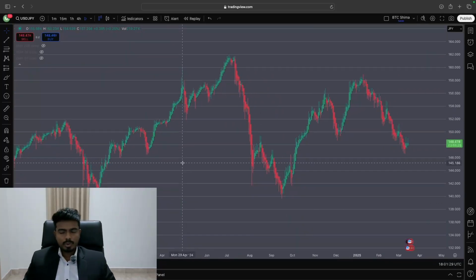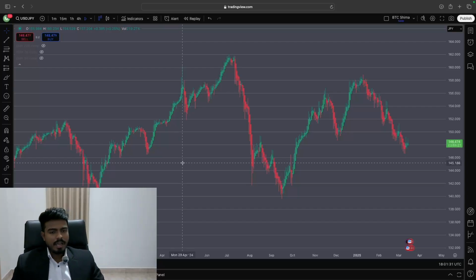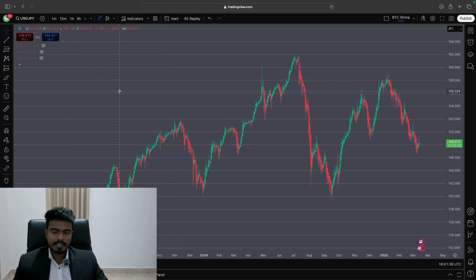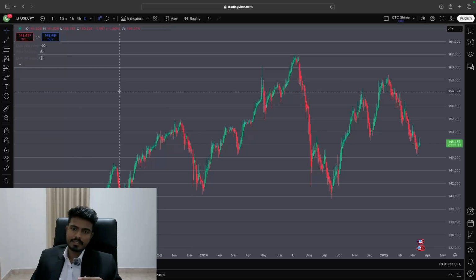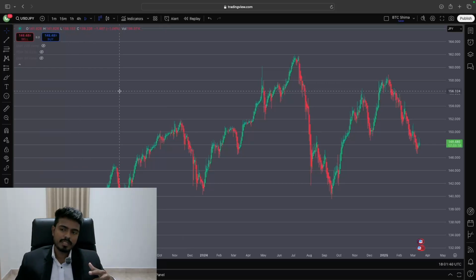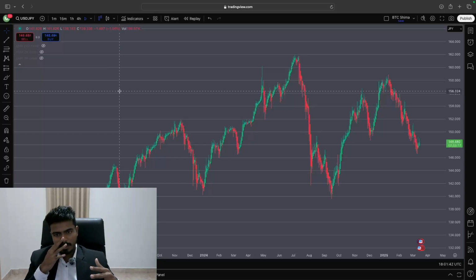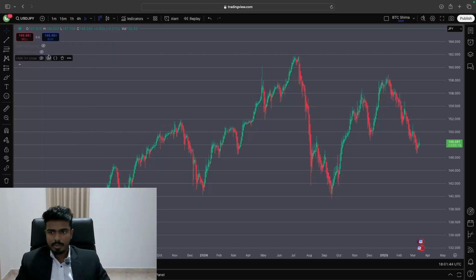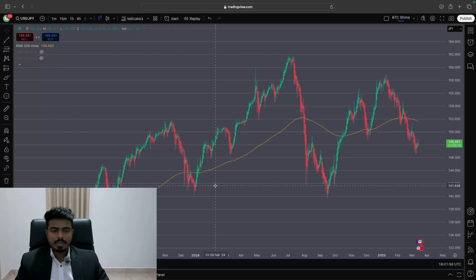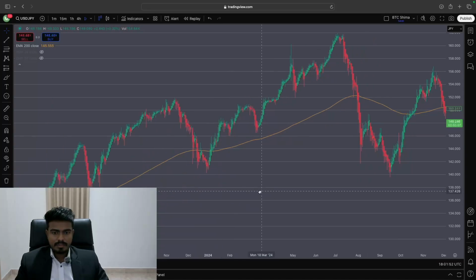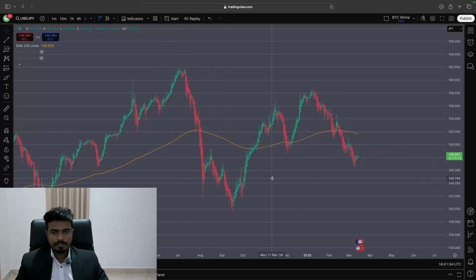To understand the trend and the trading pattern, we have to add some indicators, but obviously it depends on the person. Here I'm going to use 3 indicators: exponential moving average 200. It's easy to understand the trend, that's why I'm using it.